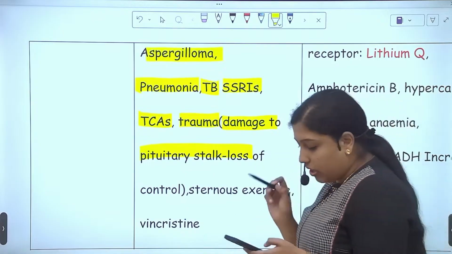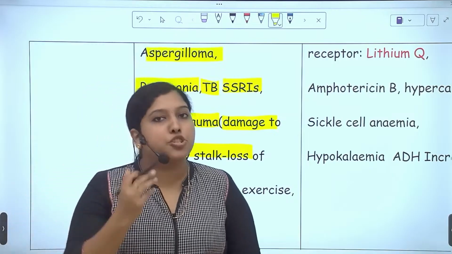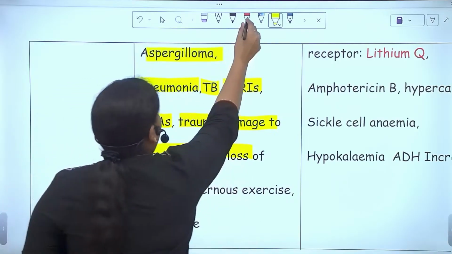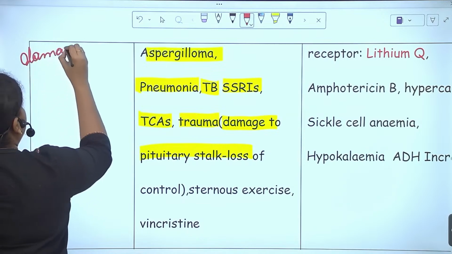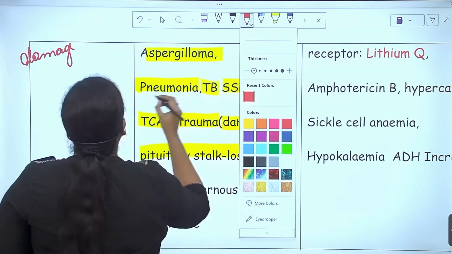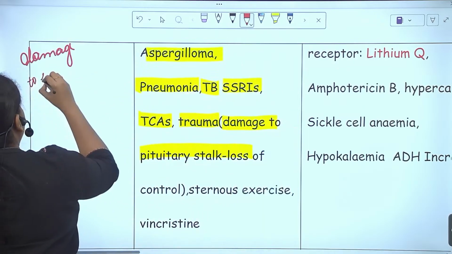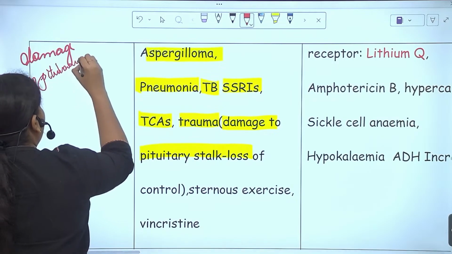Here you have to remember, when there is damage to your pituitary gland, what will happen?